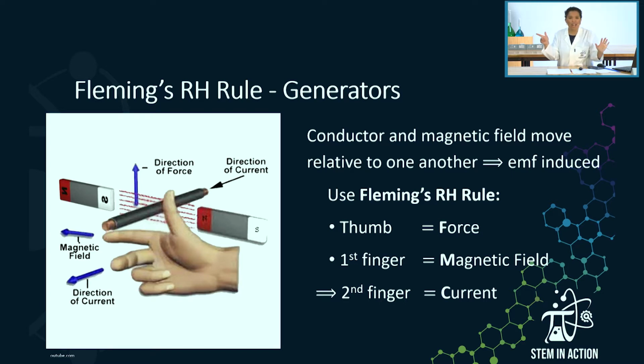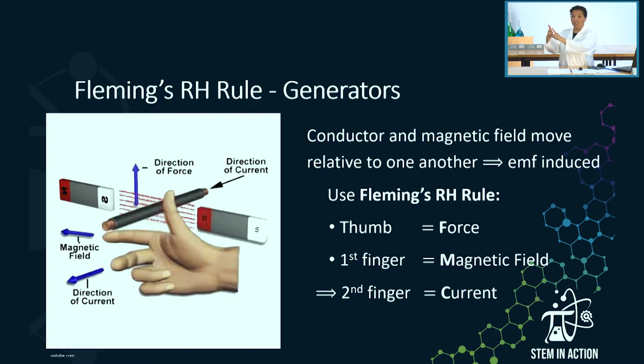How you find associations to remember the orientation of the fingers and in which direction they point is entirely up to you. But I've given you FBI and I've given you father, mother, and child. Important that they have to be at right angles to each other. So if I take my right hand and my thumb gives me the direction of the force or the rotation, how am I rotating the conductor?